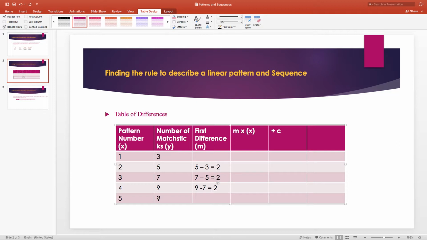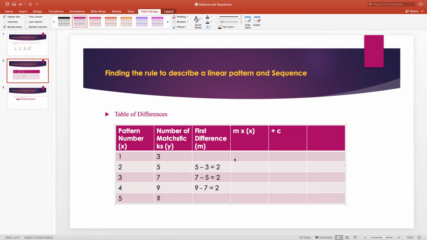And the fact that the first difference is constant tells me that I've got a linear pattern. So if the first difference is the same, 2, 2, 2, then you know you've got a linear pattern which could be plotted on a graph as a straight line. Now the next step is to take this constant value and multiply the X value by it.